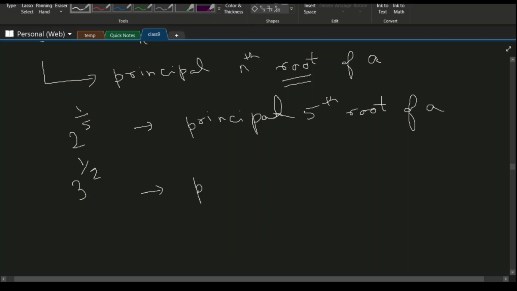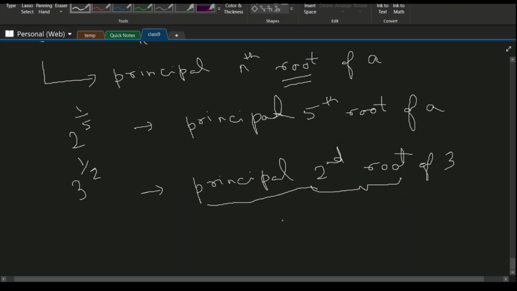So we will say this as principal second root of 3, and for the principal second root, this whole thing, there is a special name, which we also call square root. Okay.